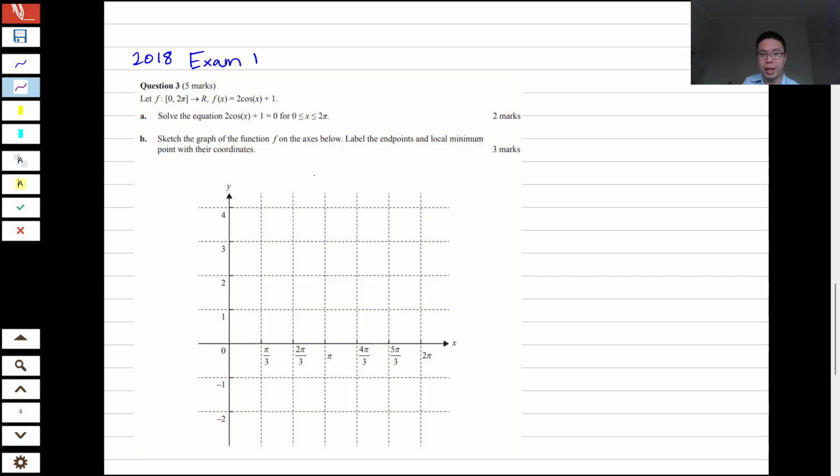All right, so by now, you're getting used to the fact that cosine is between negative 1 and 1. So if I multiply it by 2, the graph will become bounded by negative 2 and positive 2.